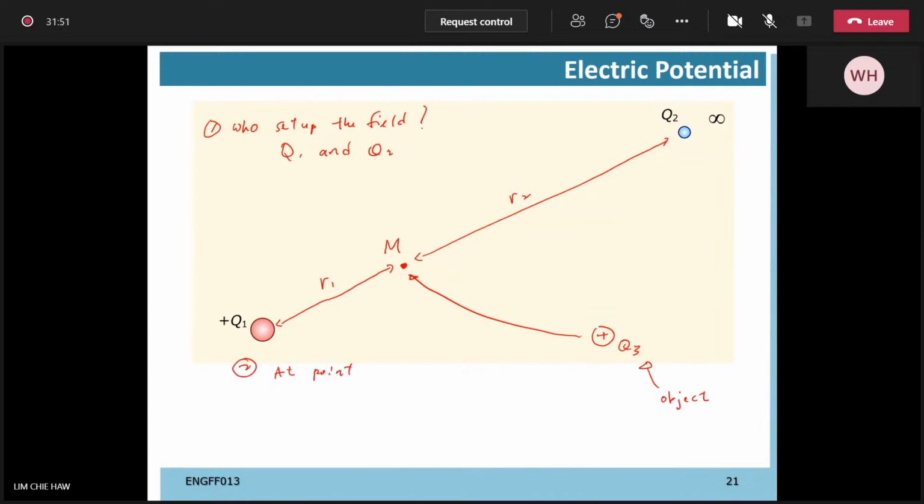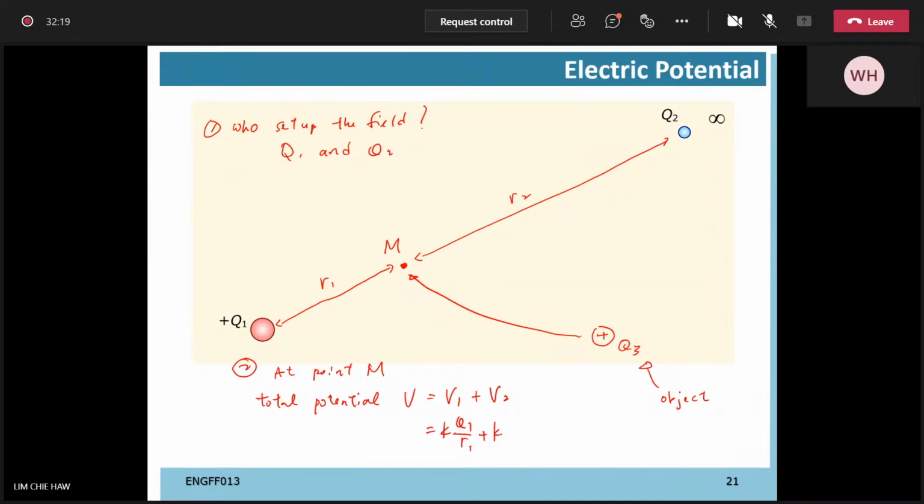Okay, this is number 2. At point M, the total potential V will be given by what? It will be V1 plus V2. Am I right? So V1 will be kQ1 over R1. I think I made a mistake just now, but never mind. Let me complete this, then I will return to the earlier one.